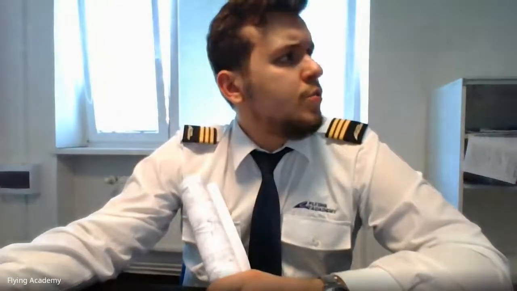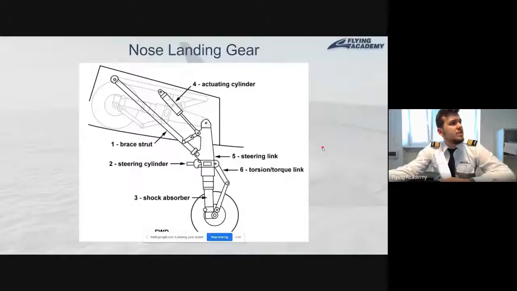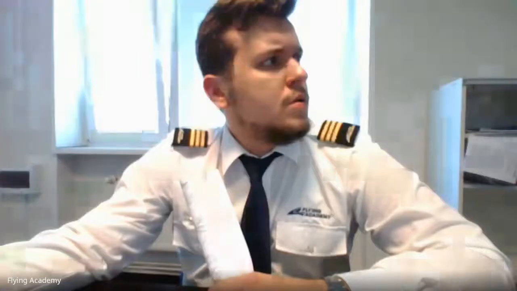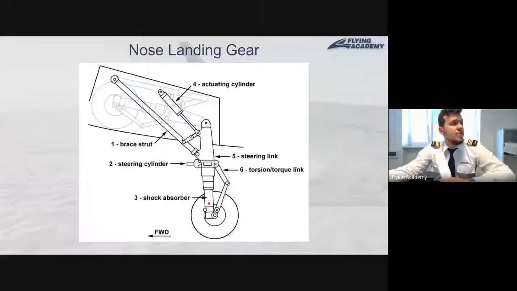Okay, now the nose gear will already be a bit interesting, because the construction of the nose gear and the construction of the main gear will actually be pretty similar.